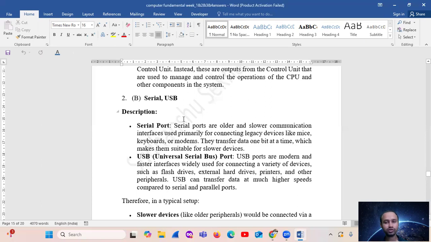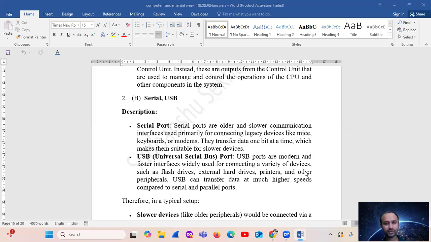Serial ports are older and slower communication devices, primarily for connecting legacy devices like mouse, keyboard, or modems. They transport data one bit at a time, which makes them suitable for slower devices. And the universal serial bus, that is USB port क्या है?